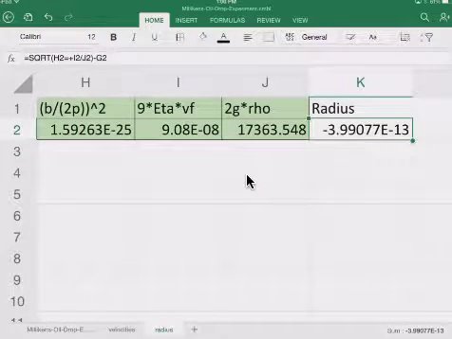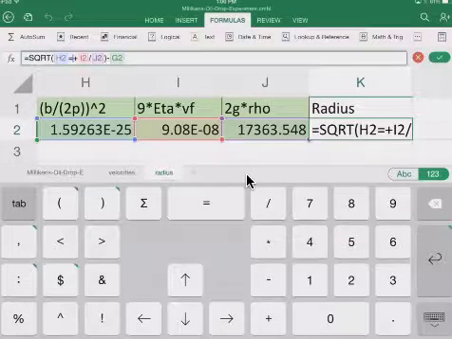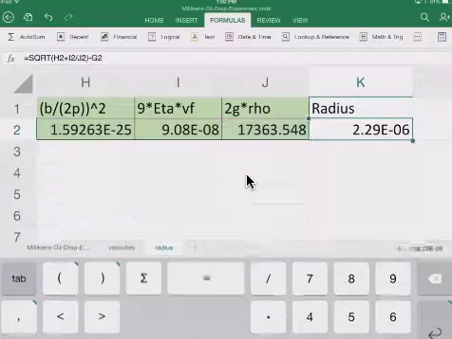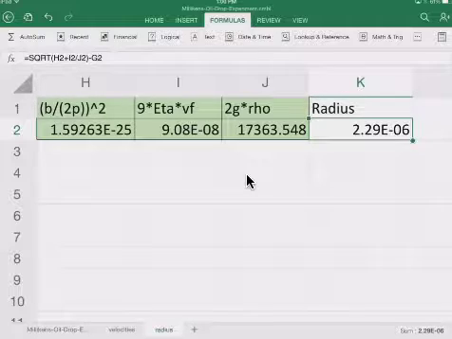And it's giving us a radius, and I'm not quite sure why this is negative and why it even looks like this. This is very, very small. Oh my gosh, look at the formula. All right, that's more like it. It's still kind of big, but still, it's 2.29 microns.